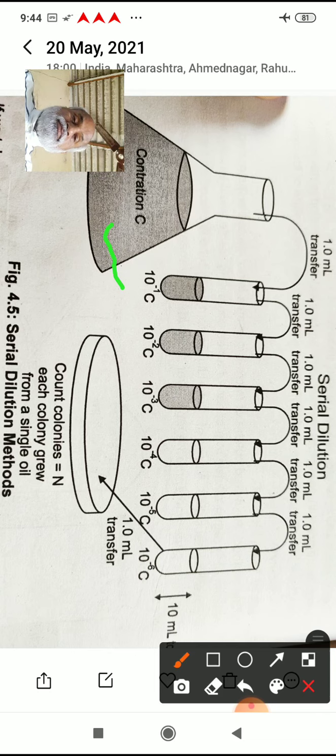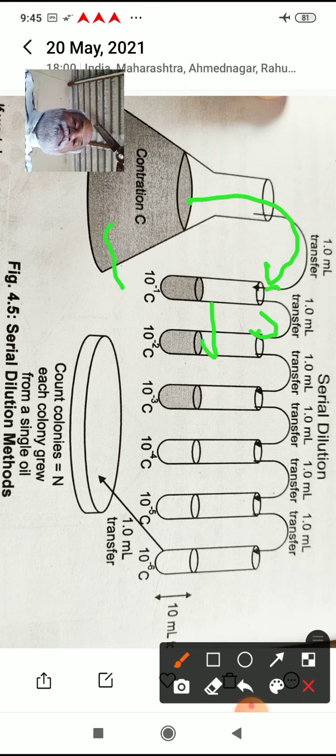So the solution from each successive dilution is transferred from one tube to another tube, and accordingly it gives the dilution. See here, first transfer, for example, 1 ml of the inoculum to the first test tube containing a particular amount of sterile distilled water. Mix it well, then transfer again 1 ml from the first test tube to the second test tube.